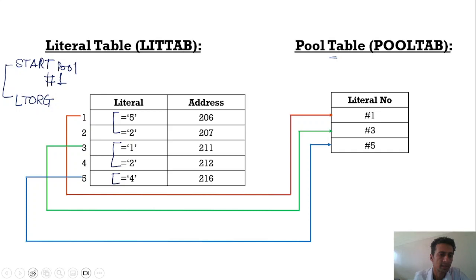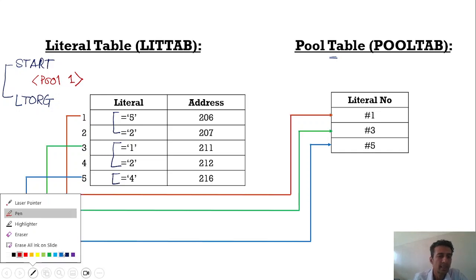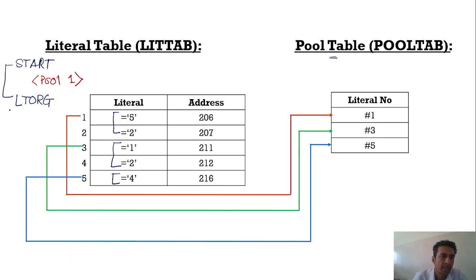Okay, let me rewrite it correctly. So all these literals will be considered as pool 1 of literals. Now the second case is, what if we have a few more literals used after this LTORG statement?